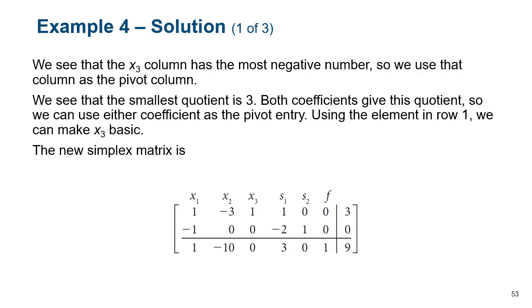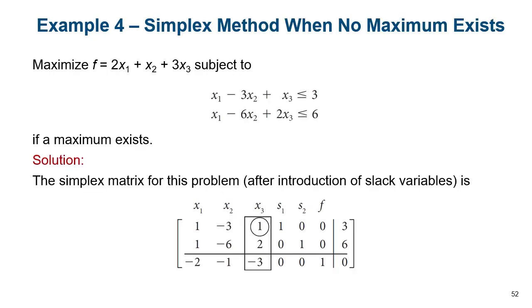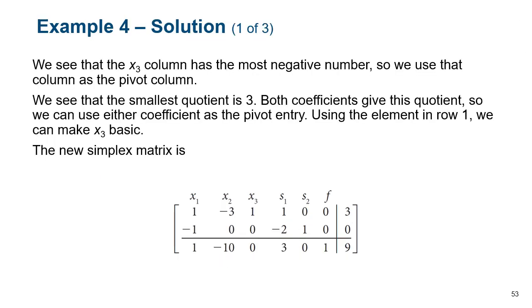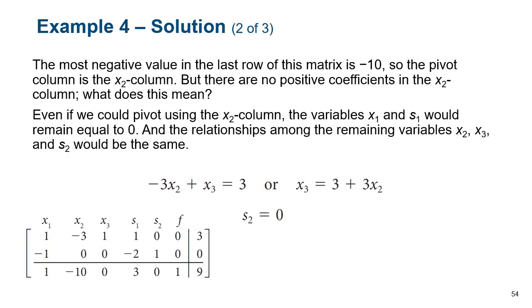However, when we go to find that pivot entry, we see that both of the rows give us the smallest quotient of 3, because 3 divided by 1 and 6 divided by 2. Thus, if we just pick the first one and do the work, we get this simplex matrix.